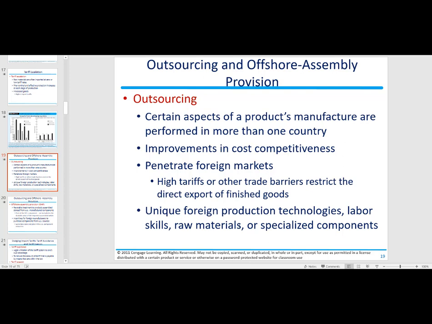Outsourcing is used to take advantage of, for example, unique foreign production technologies, unique labor skills, raw materials, or the abundance of specialized components in those other countries that makes the production there cheaper than at home. Obviously, low labor costs also make part of this outsourcing surge.